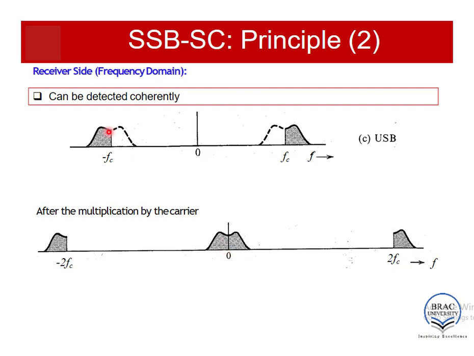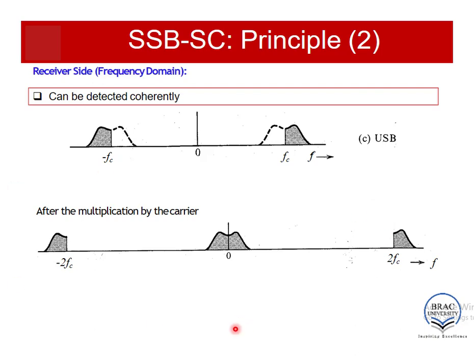In a similar fashion, this spectrum is now at minus FC frequency. When we multiply this spectrum with the cos carrier of FC frequency, half of this spectrum will be shifted to minus FC minus FC, which means minus 2FC, and half of the spectrum will be shifted to minus FC plus FC, that means 0 frequency. So you can see that after multiplying with a cos wave of FC frequency, we are achieving this whole spectrum.